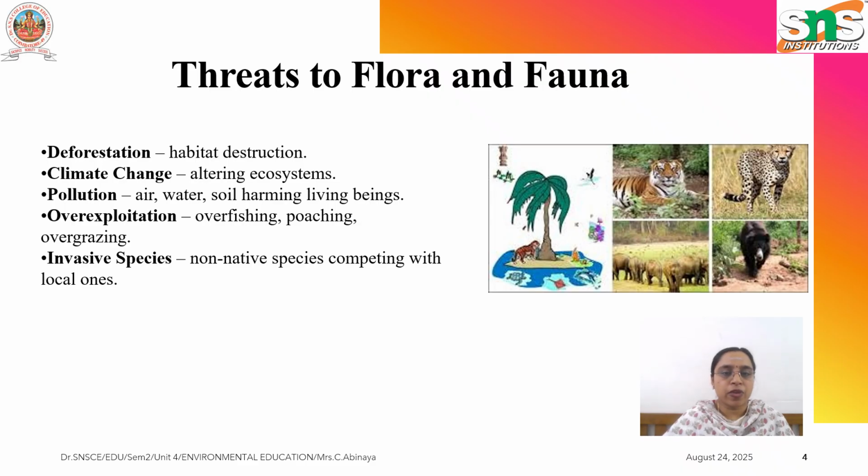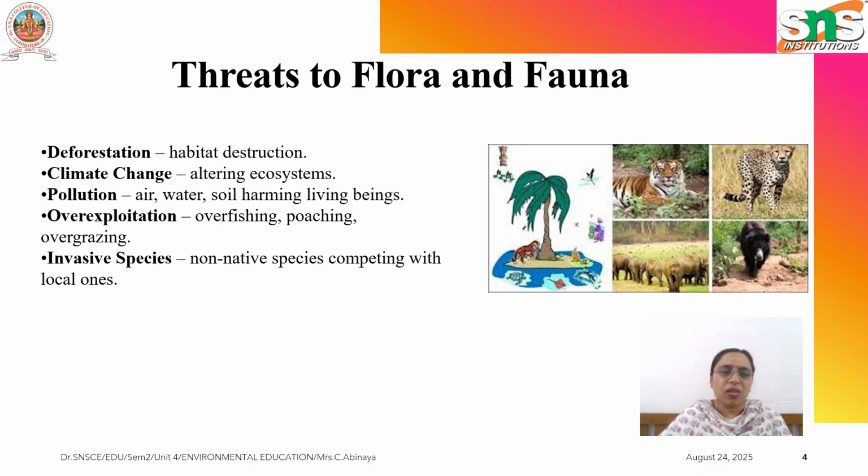And then invasive species. Sometimes foreign species are introduced into ecosystems either accidentally or intentionally. These species compete with local flora and fauna and sometimes wipe them out. For example, water hyacinth invaded Indian water bodies and killed many native aquatic plants.